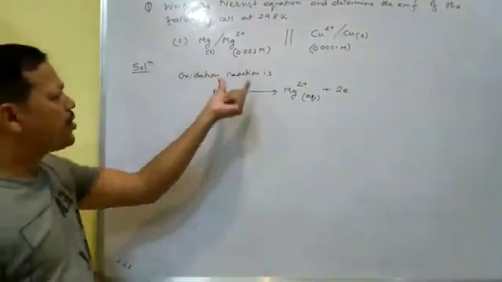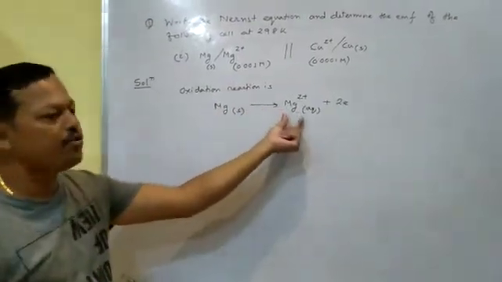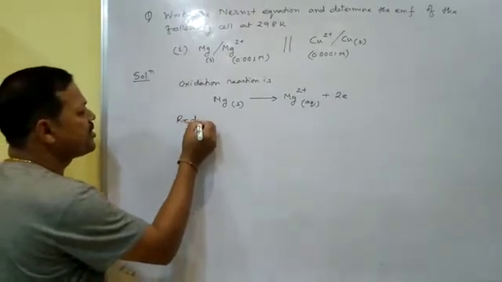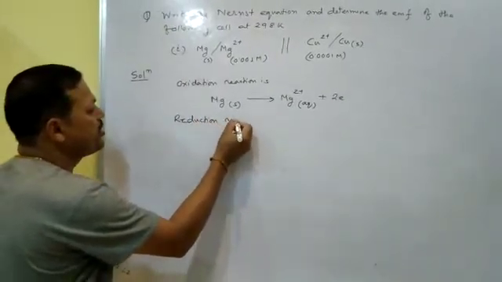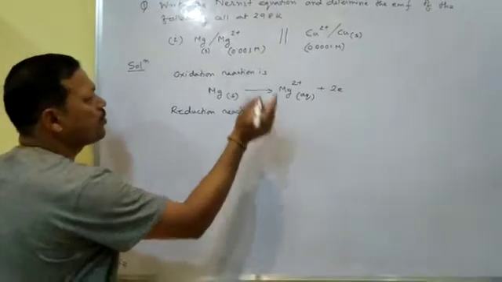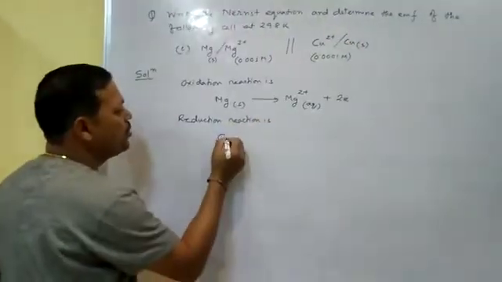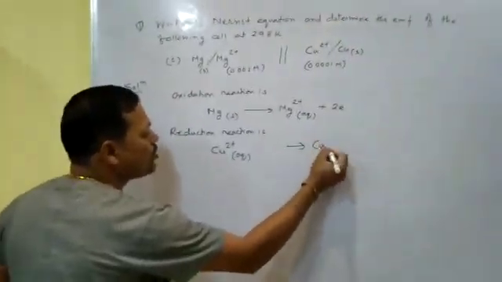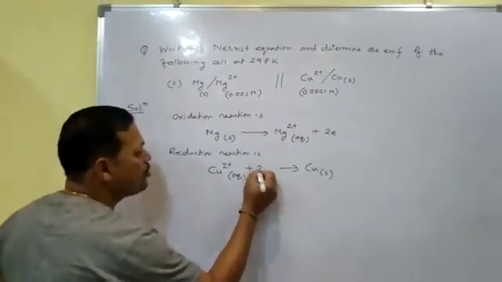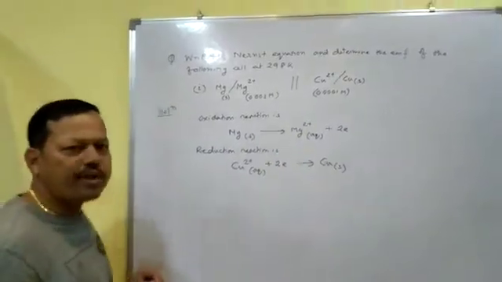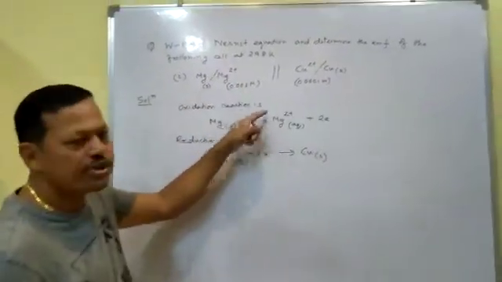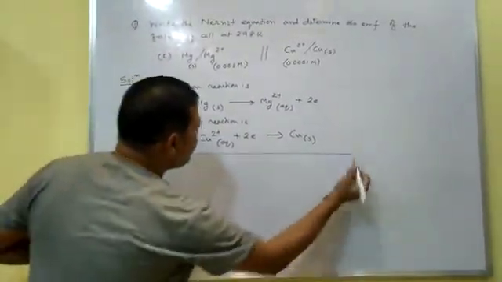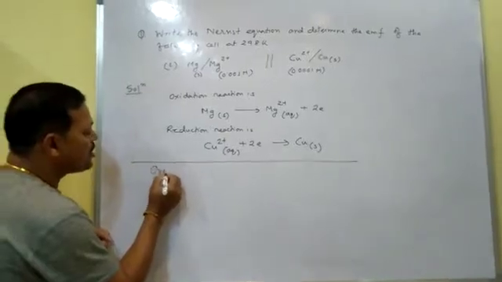This is the anode, which undergoes oxidation. The reduction reaction is copper 2 plus aqueous converted to copper solid by gain of 2 electrons. When you write the Nernst equation, always write the oxidation reaction and reduction reaction separately like this. After that you combine both equations, then you will get the overall equation.